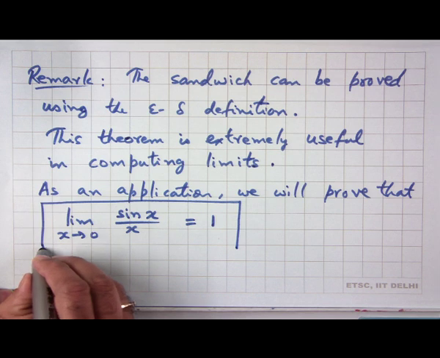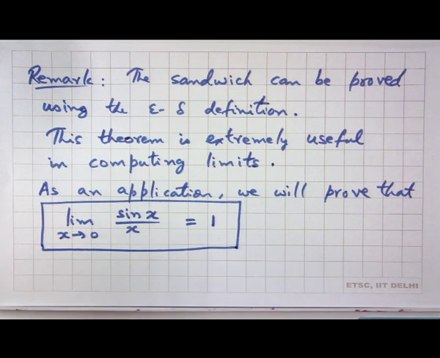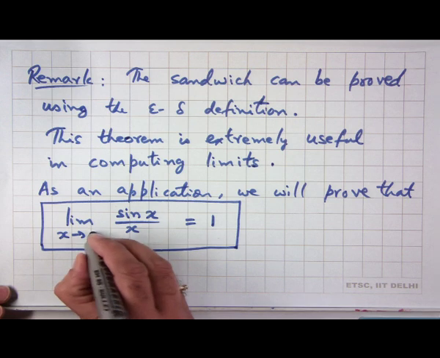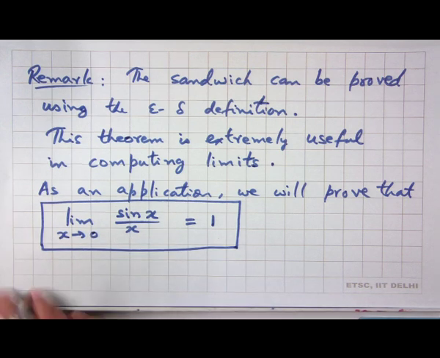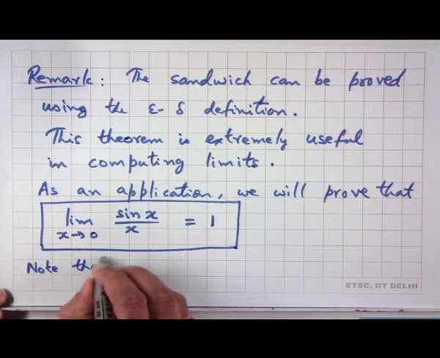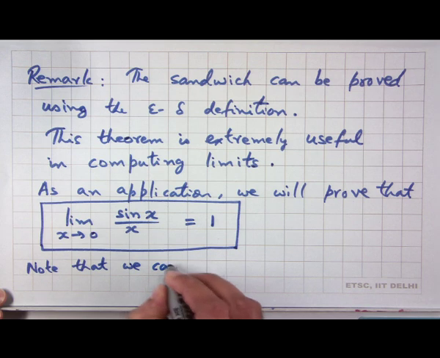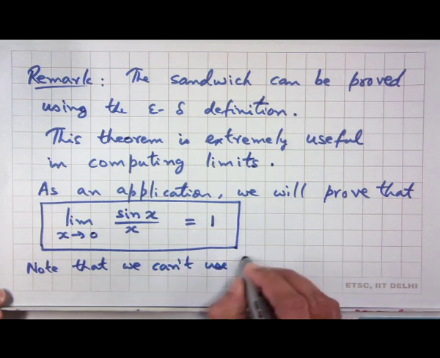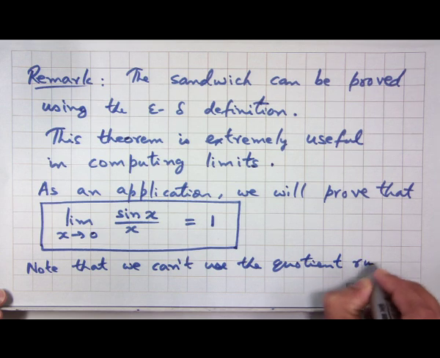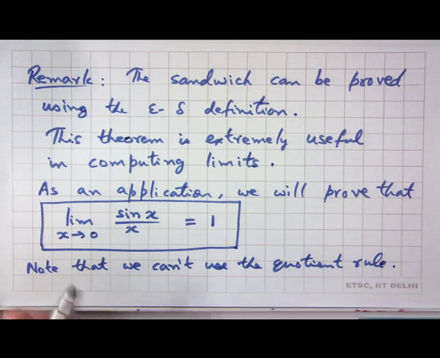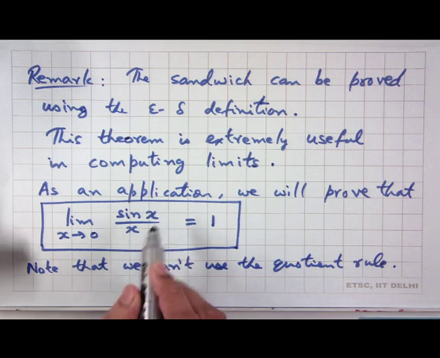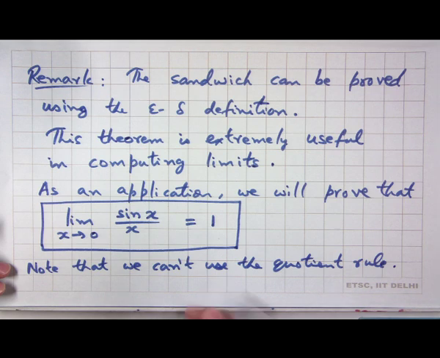This is a very important formula for limits, that the limit of sin x by x at 0 is equal to 1. Note that here we cannot use the quotient rule, because the limit of the denominator is 0, the limit of the numerator is also 0, and here we do not have polynomials where we can cancel x and then try to use the quotient rule.